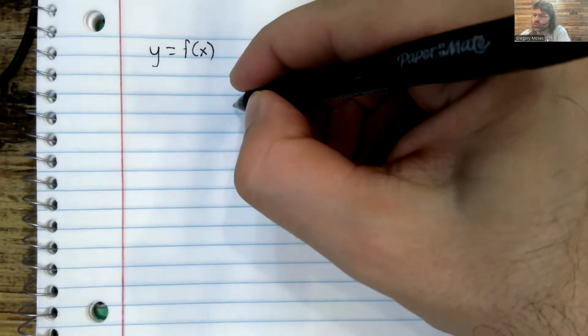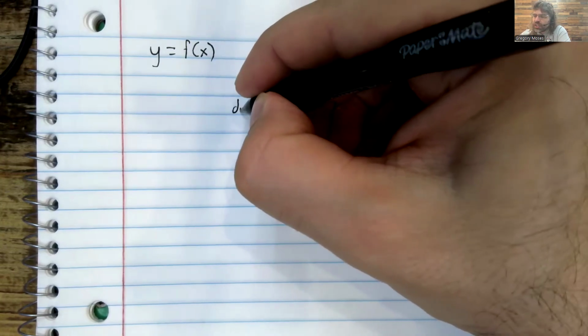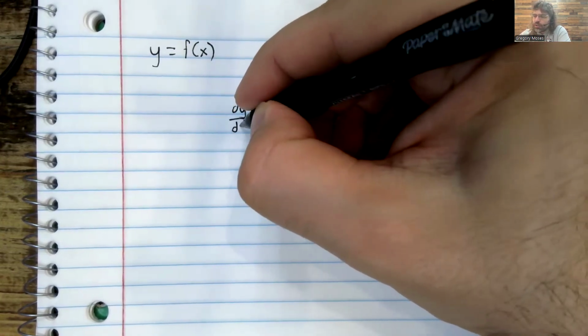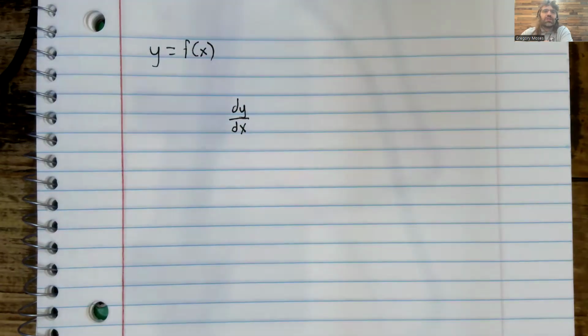And let's use Leibniz notation here, because Leibniz notation looks like a fraction, and it makes it very easy to talk about the units.